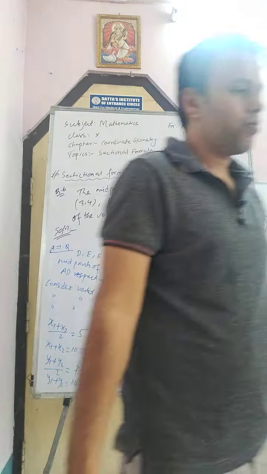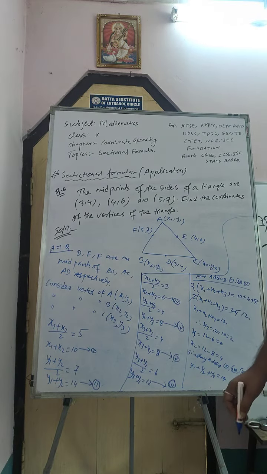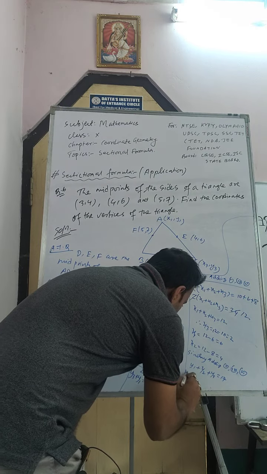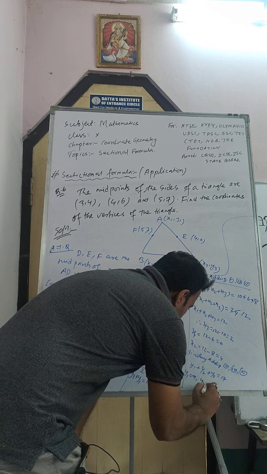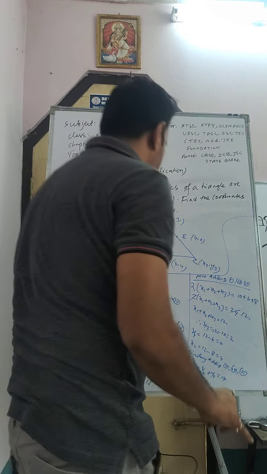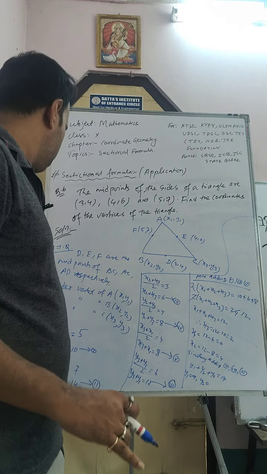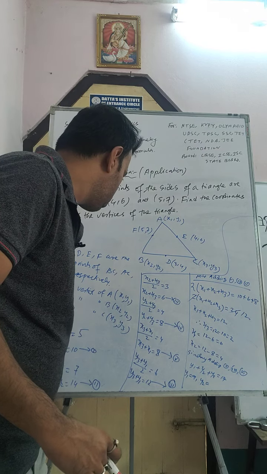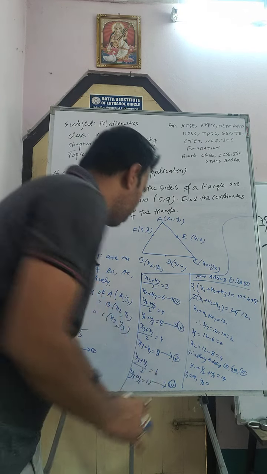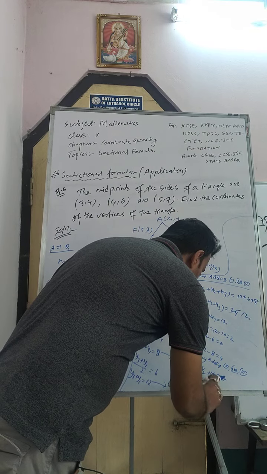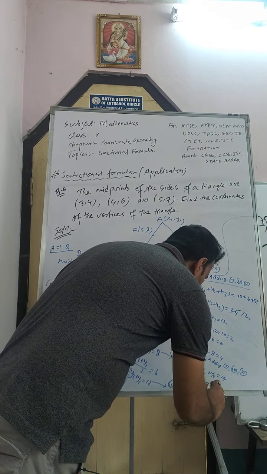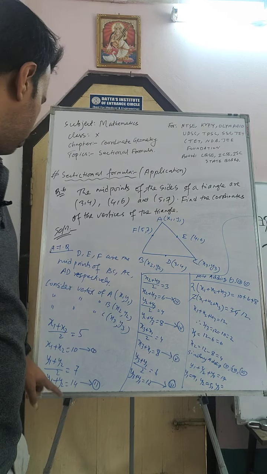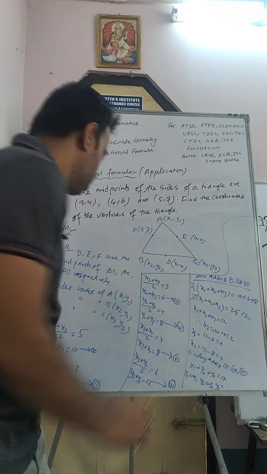Okay, y1 plus y2 plus y3 became 17, and from that y1 will be 9, y2 will be 17 minus 12, that is 5, and y3 will be 17 minus 14, that is 3.